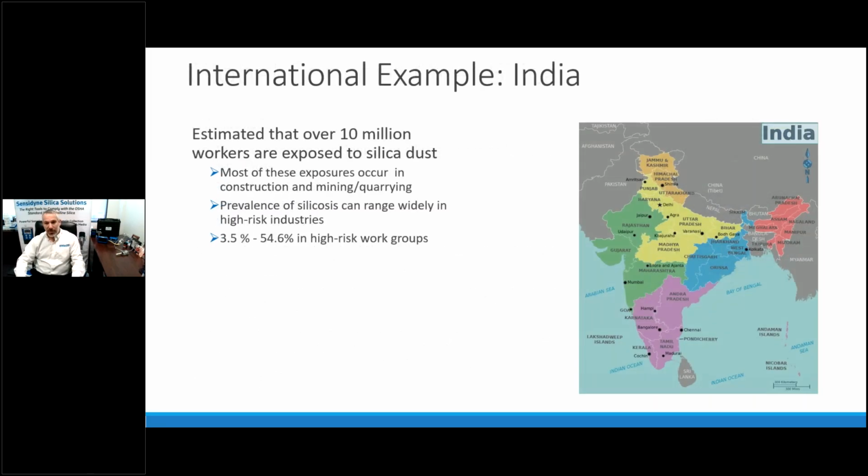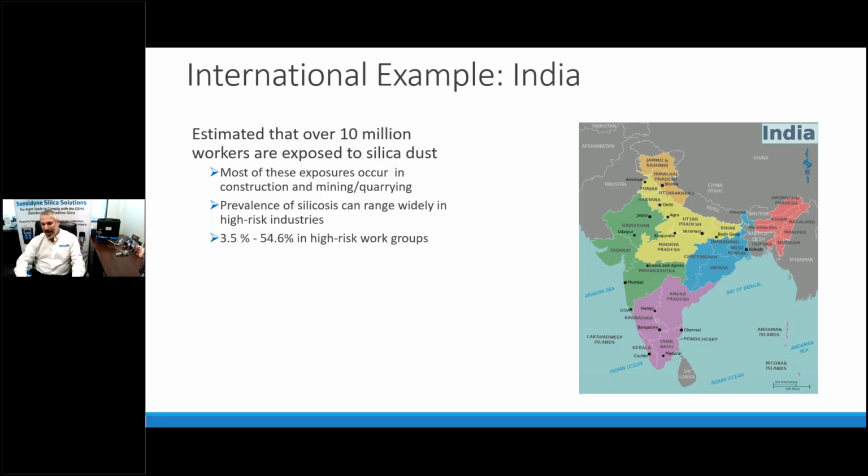Again, from an international example, India, where an estimated 10 million workers are exposed to silica dust annually. Now, most of these exposures occur in construction and mining industries, as well as in rock quarrying industries. The prevalence of silicosis can range widely, anywhere from 3.5% all the way up to 54.6% in high-risk working groups.